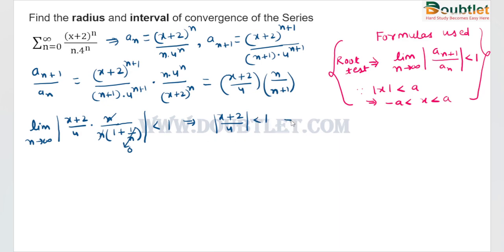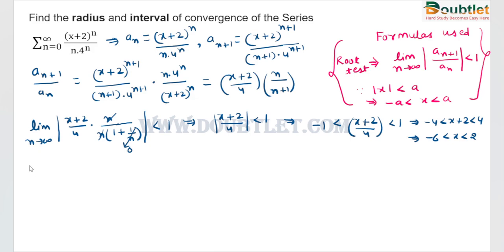To solve this inequality, we write minus 1 less than (x plus 2) divided by 4 less than 1. Cross multiplying by 4, it becomes minus 4 less than x plus 2 less than 4. Subtracting 2 from all sides gives minus 6 and 2. So x belongs to the open interval minus 6 comma 2.